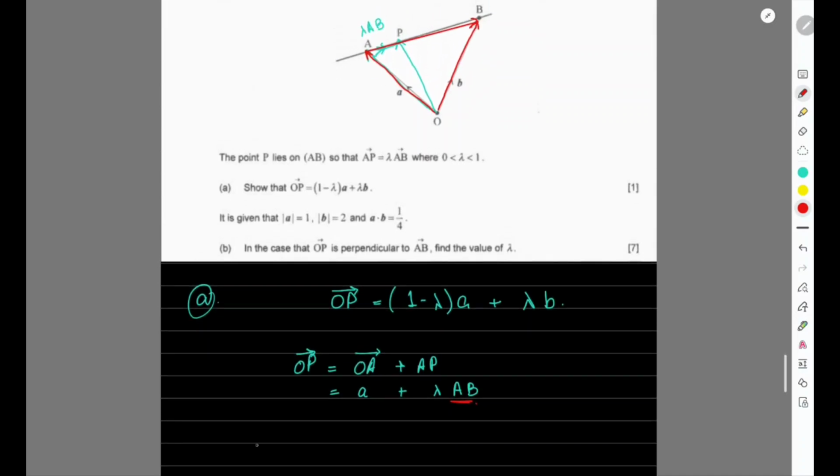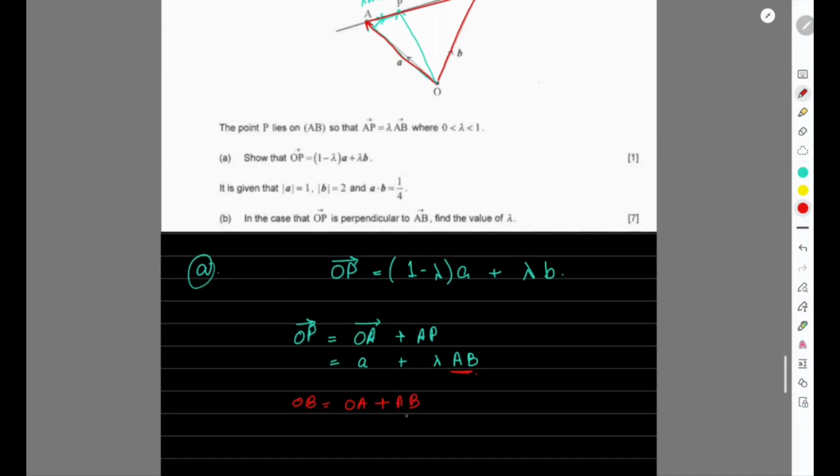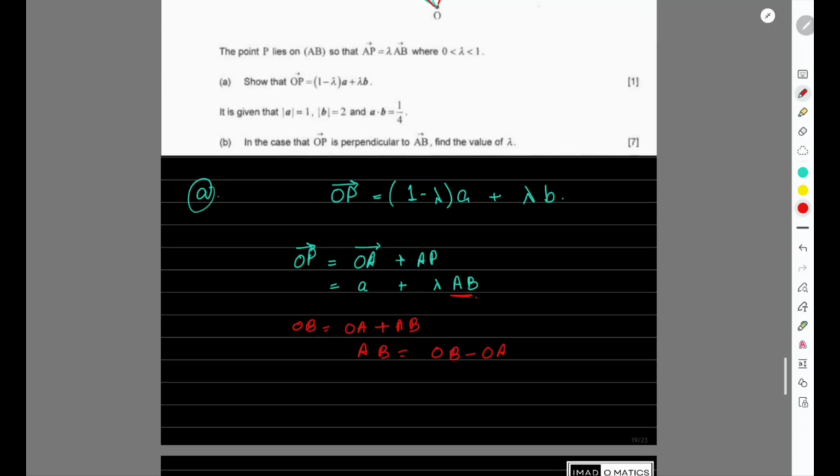So OB is equal to OA plus AB. Now AB is equal to OB minus OA. Now putting values of OA and OB, we have AB is equal to B minus A.